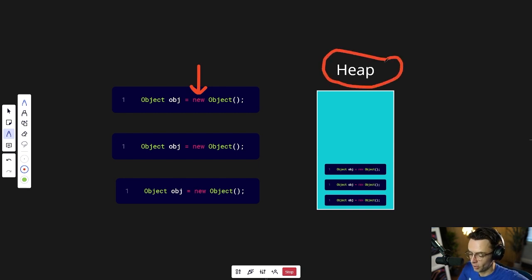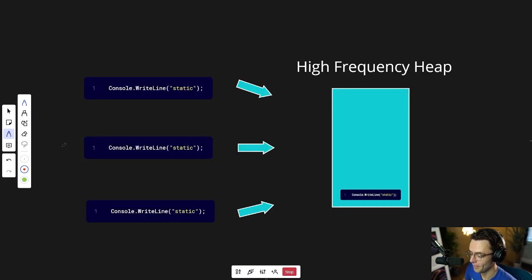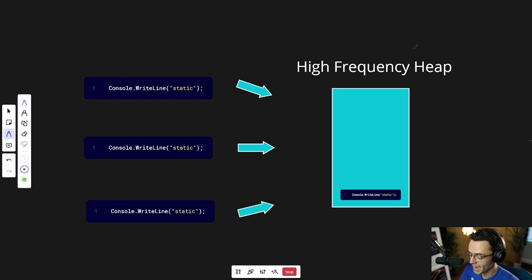But this whole entire concept is thrown right out the window with the static keyword, because believe it or not, the static keyword allows memory to be placed on what's called a high frequency heap, which is a totally different place in memory. And notice, each time that I use the console write line, it is going to use the exact same place in memory, hence why we call it static.